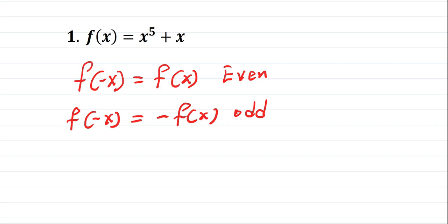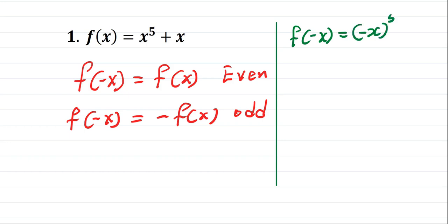So f of negative x will be equal to negative x to the 5th power plus negative x, and negative x to the 5th power is negative x to the 5th power, and positive times negative x will give us negative x.